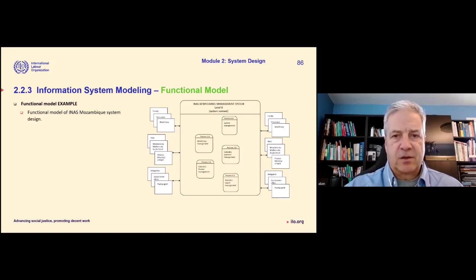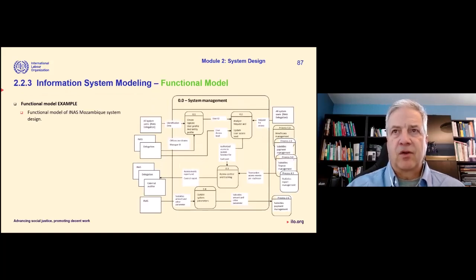Outside of the boxes, you see the white squares. Those are the external entities. These are either a person, an organization, or another system that is interacting with your system. So roughly, that's how we set up the context.